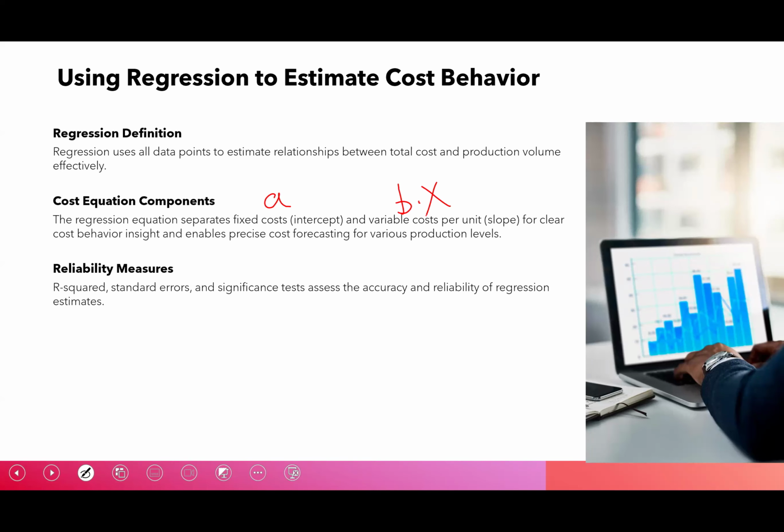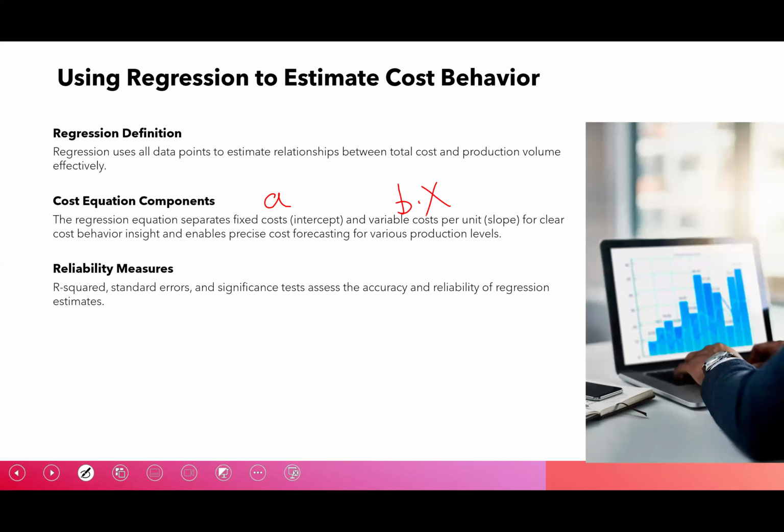The good news about regression is that in this course, we are not going to ask you to calculate regression, although regression can very easily be done on your calculators or computers these days. We are just going to ask you to interpret a regression result.